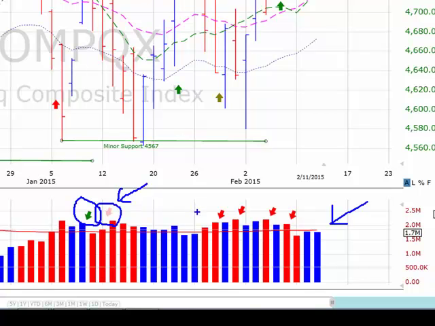So the Nasdaq right now has 4 distribution days in the past month and has actually quite a bit of accumulation. We have 1 accumulation, 2 accumulation days, 3 accumulation days. When accumulation gets to be more prevalent than distribution, it's generally a good sign for the market over the immediate term.